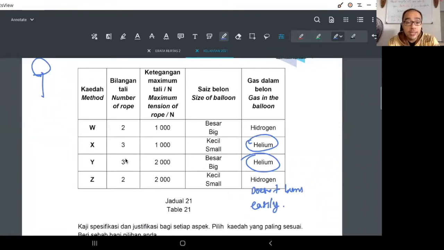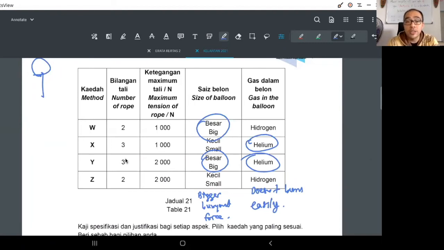Okay, the size of the balloon, this is quite normal. Size of the balloon has to be big in order to get a bigger buoyant force. Again, another buoyant force question. Okay, maximum tension of the rope. When I was doing this question, I was thinking, why would they ask this?